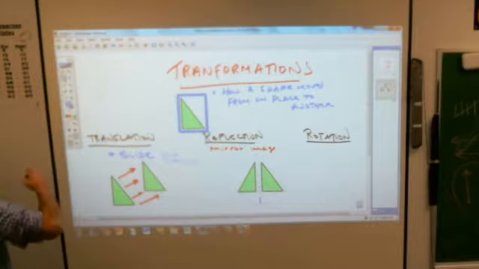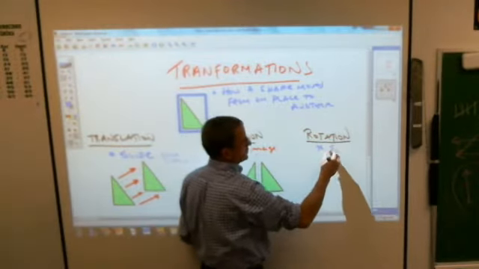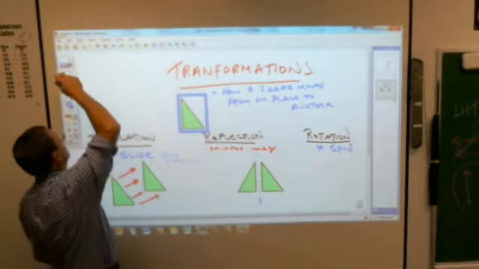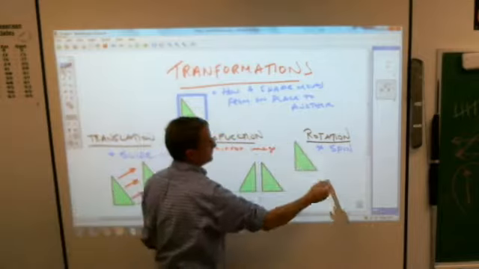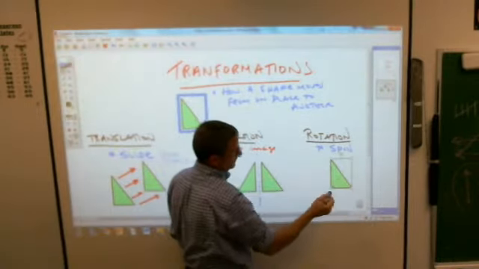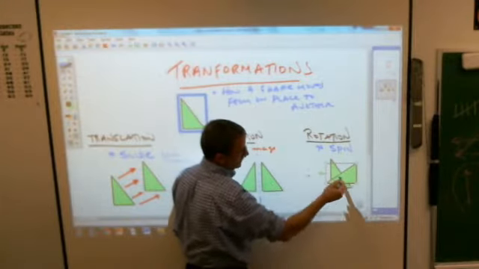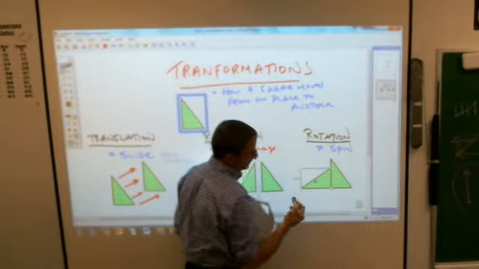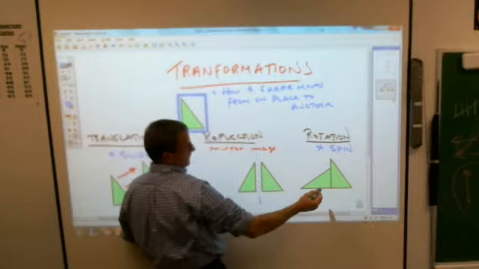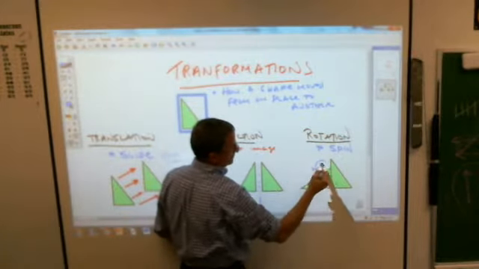And then the last but not least, we've done these before. A rotation is simply when you spin something. So if we've got our little triangle here, basically you would take that and usually they'll spin it about a point, and right here would be the point that this is spun on, and it spins in this direction.